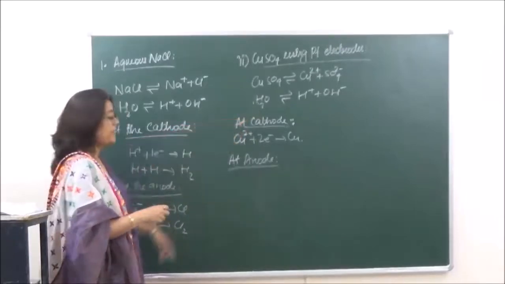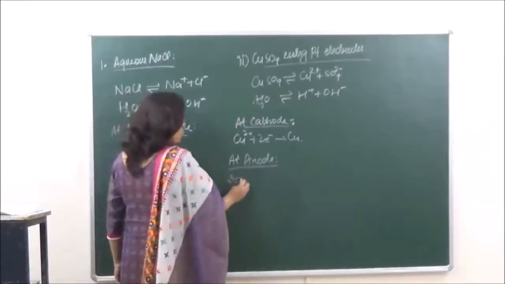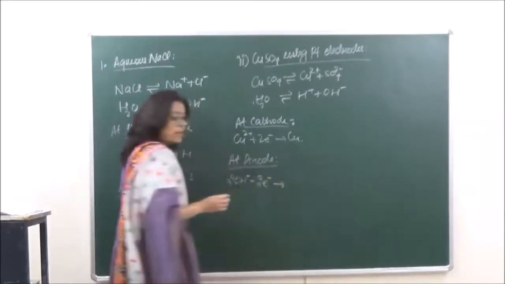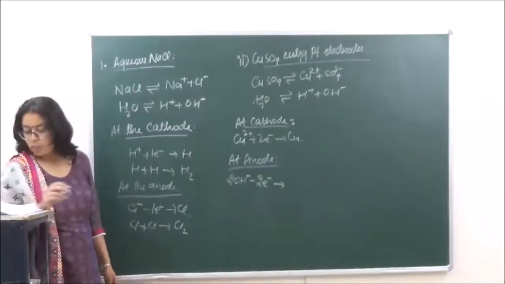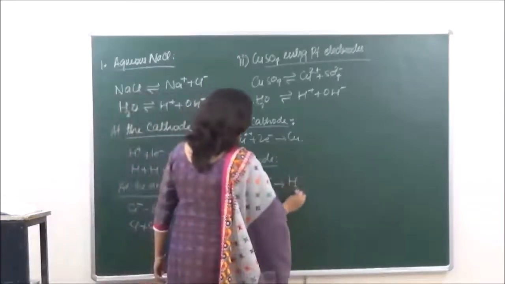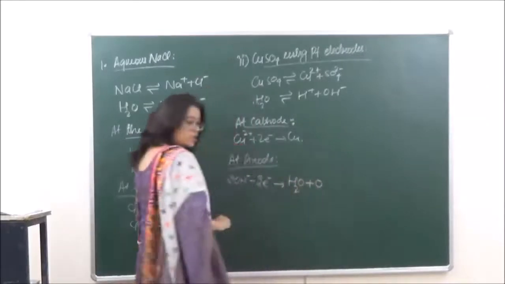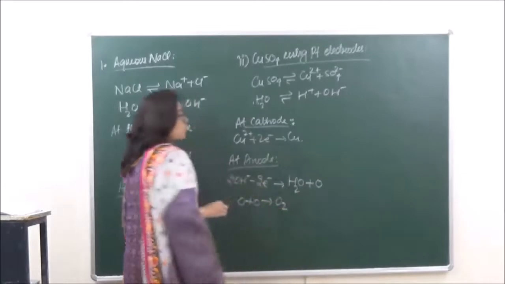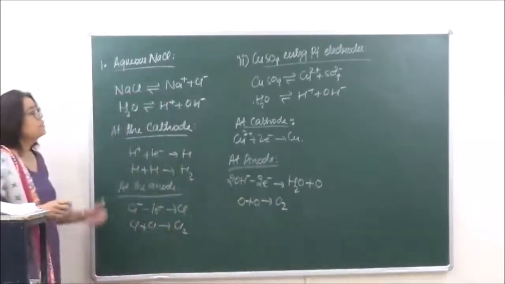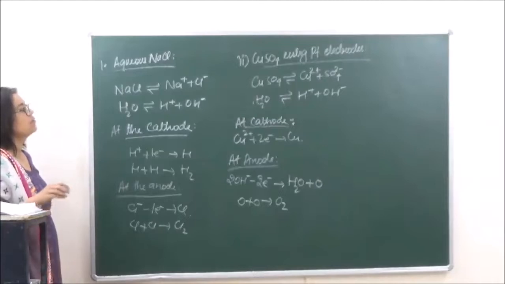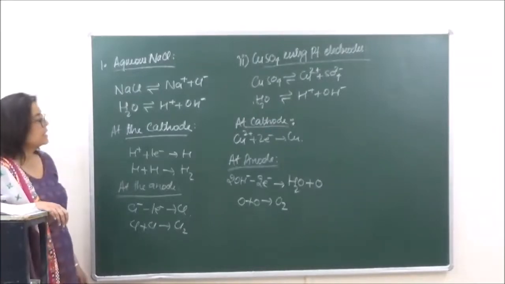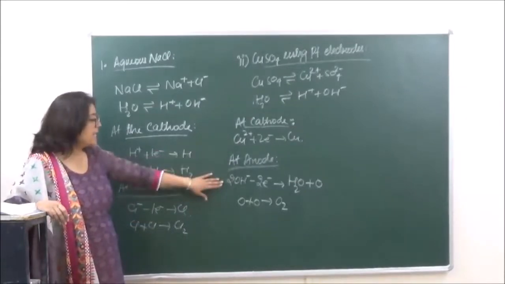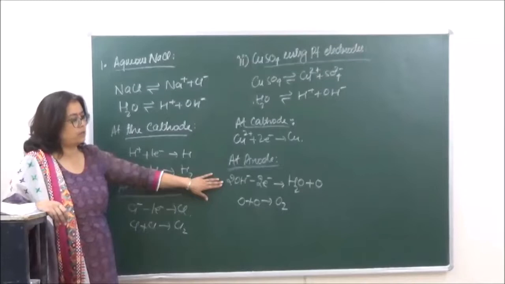So the reaction is 2 OH- minus 2 electrons to give us H2O plus oxygen, and in the secondary reaction oxygen plus oxygen gives us O2. So when we are talking of electrolysis of copper sulfate using platinum electrodes, copper is deposited at the cathode and oxygen will be liberated at the anode.